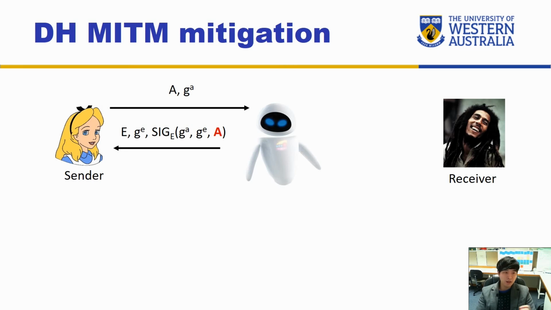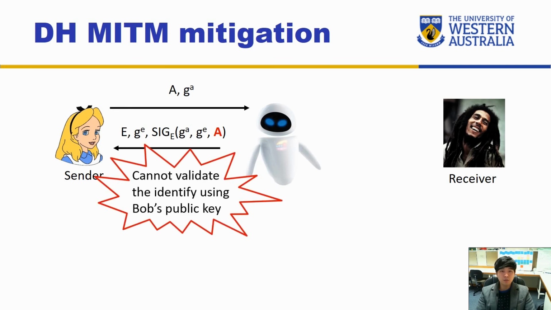However, when Alice tries to validate the signature, Alice wanted to talk with Bob, right? So Alice will check the details against Bob's signature and see that the signature generated is actually not Bob's but somebody else's. As soon as you detect that there is a difference, Alice knows that it cannot be validated using Bob's public key.